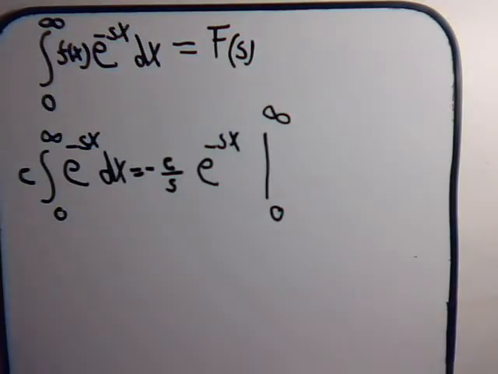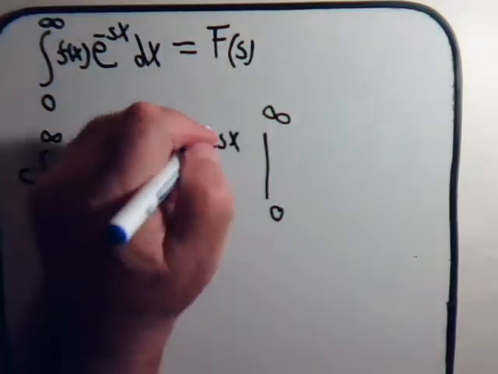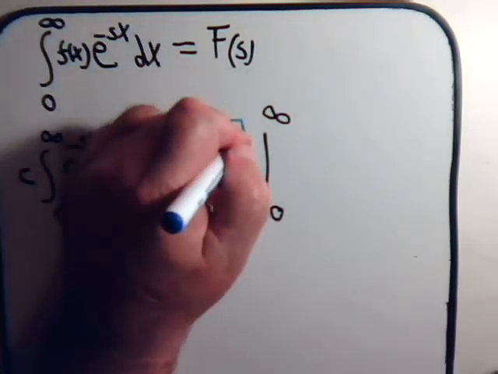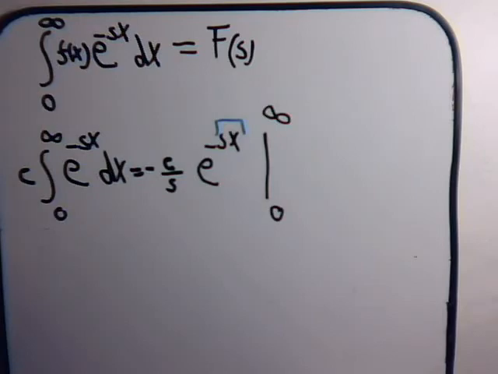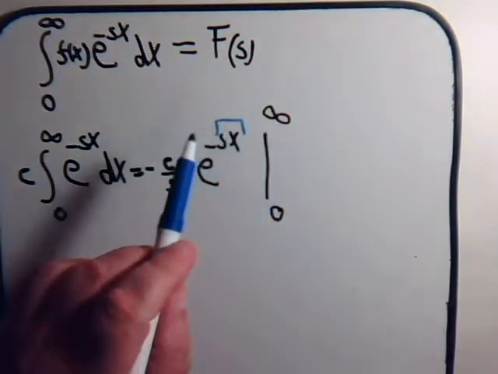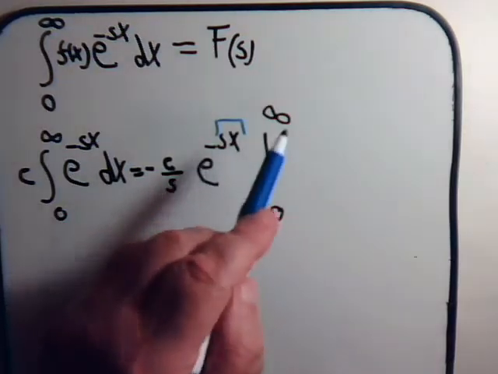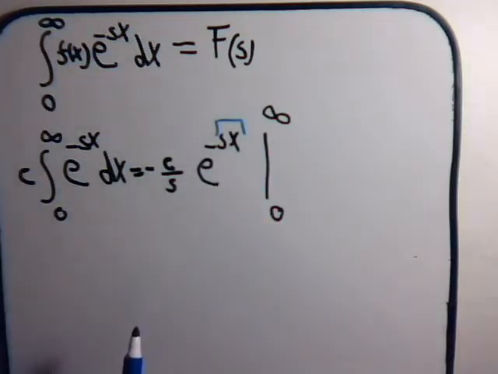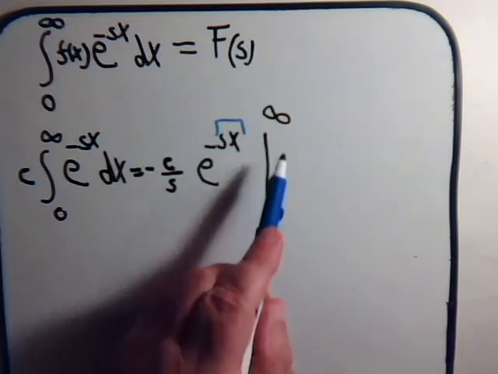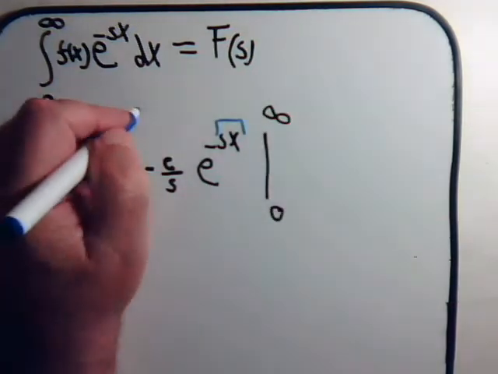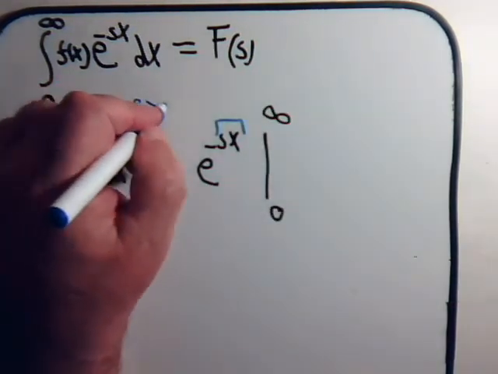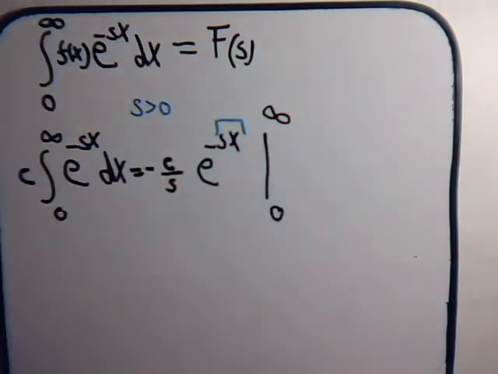And then we had to be on the lookout that that part of the exponential is always positive, so that when you put infinity in here, you're going to have e to the negative infinity, which is 0. And it's better to have 0 than have the whole thing just blow up. x is always positive because x goes from 0 to infinity. So that means then that s, likewise, has to be greater than 0.